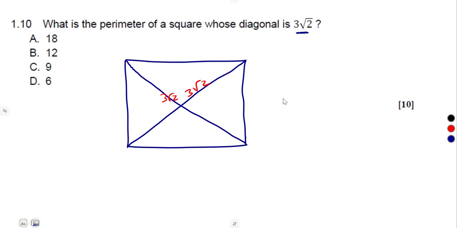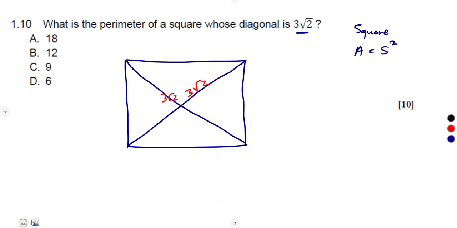All right. How can we answer this type of question? There are many ways. But from what we know of a square, the area is equal to side squared, so we must have a side.